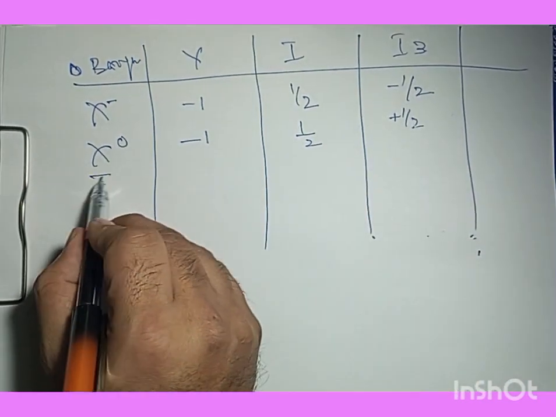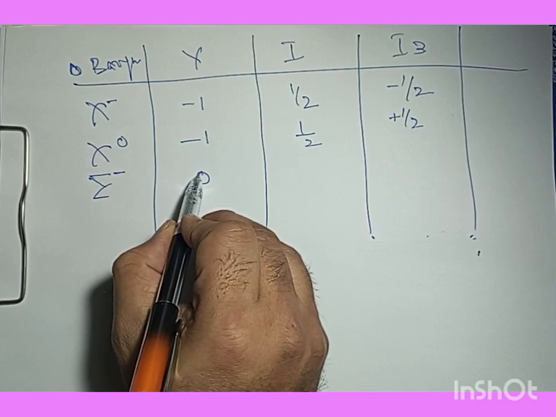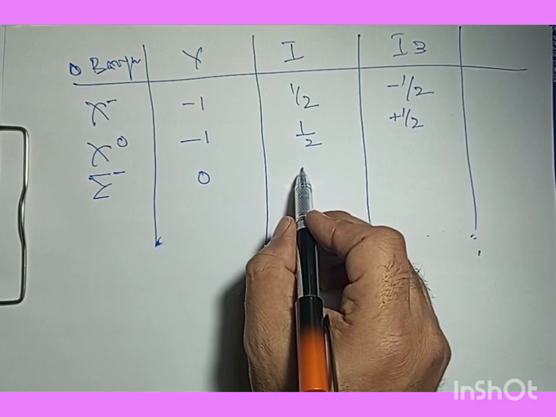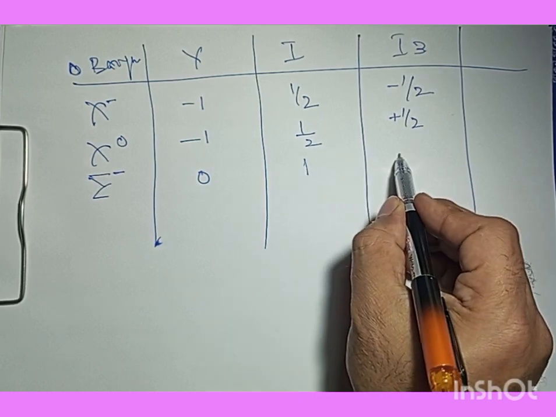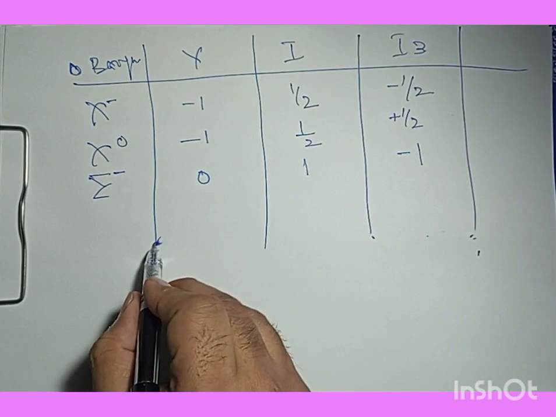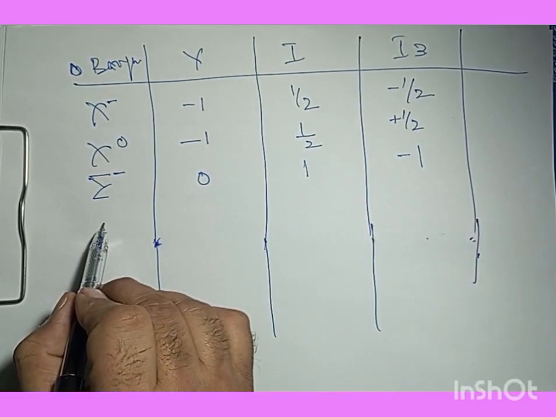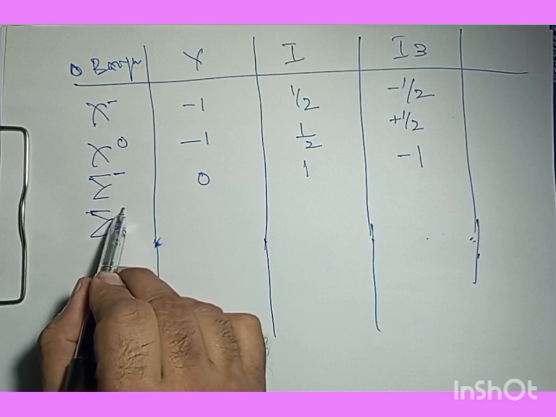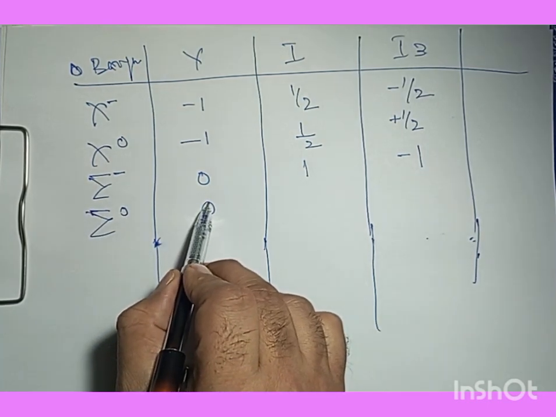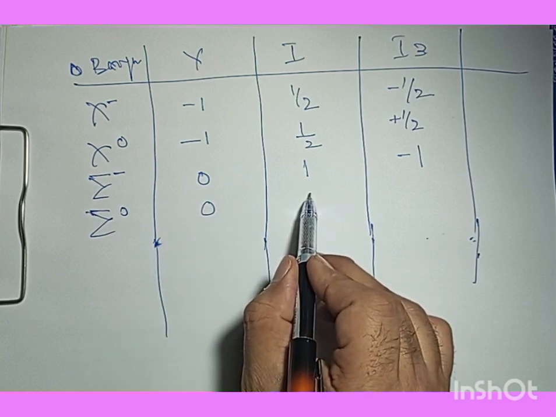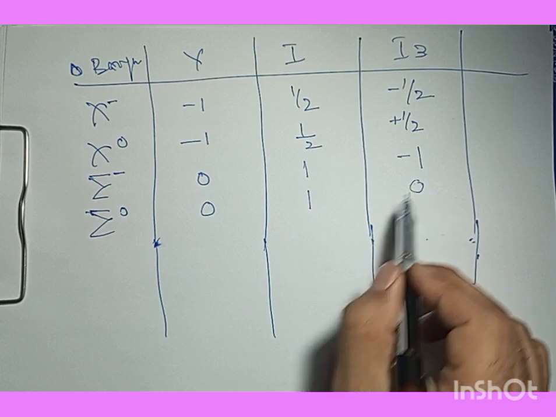Then xi neutral has hypercharge -1, isospin 1/2, and third component of isospin +1/2. Then sigma minus has hypercharge 0, isospin 1, and third component of isospin -1. Then sigma 0 has hypercharge 0, isospin 1, and third component of isospin 0.